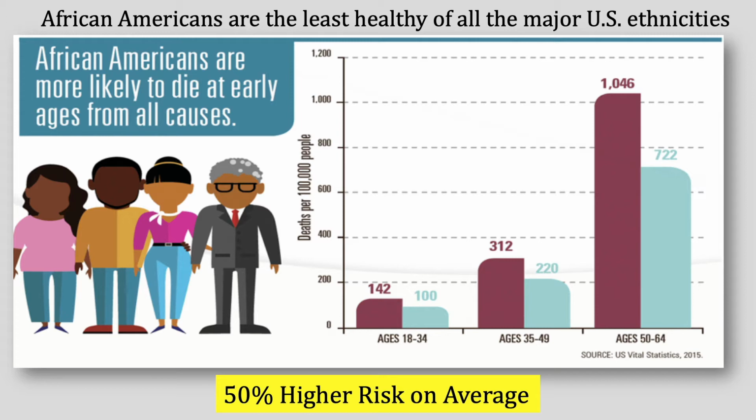Sadly, too, the same statistic holds true for early mortality, whereas African Americans basically die at 50% higher rates, regardless of age and regardless of cause. But mainly the causes are smoldering chronic conditions.